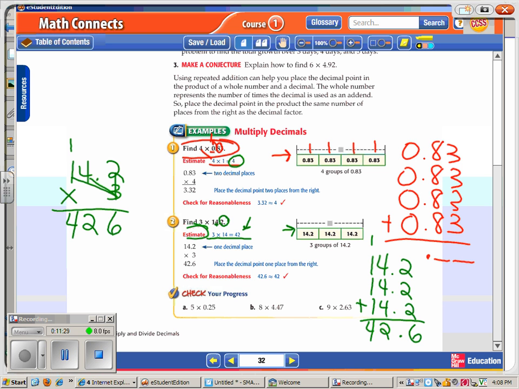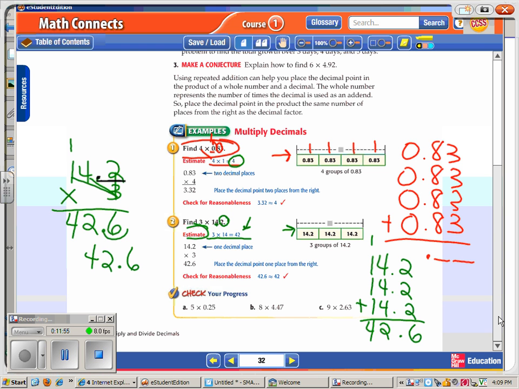Okay, so now we have 426, and now I need to figure out where to put that decimal place. And I see that I have 1 decimal place here, so I'm going to leave 1 here, and I have 42 and 6/10.